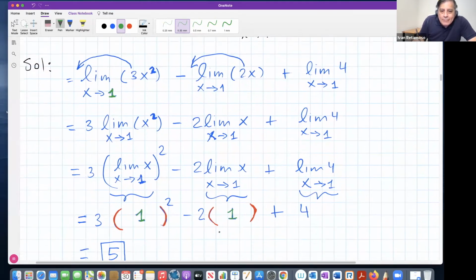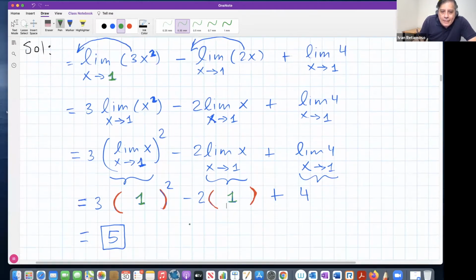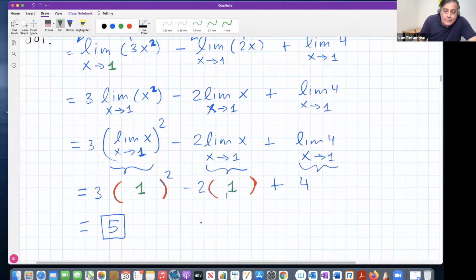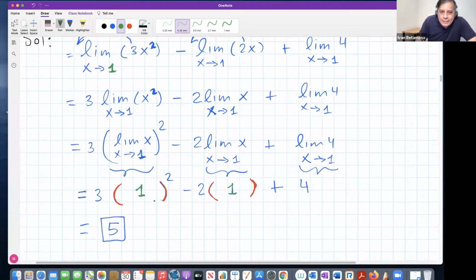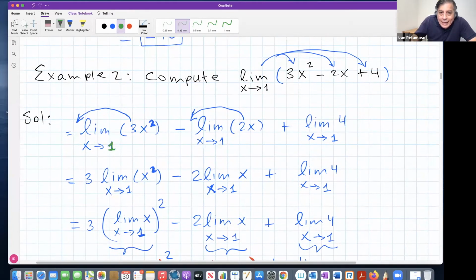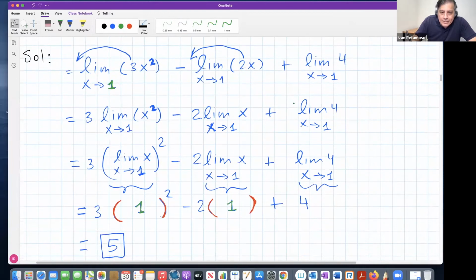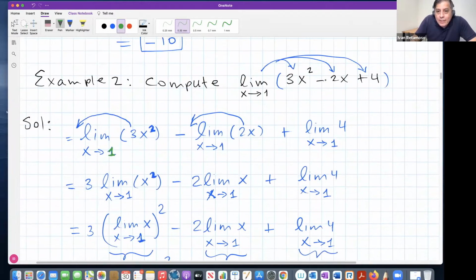So when I look at this back, I say to myself, didn't I just evaluate this polynomial at x equal 1, right? Didn't I do this? Answer, yes.